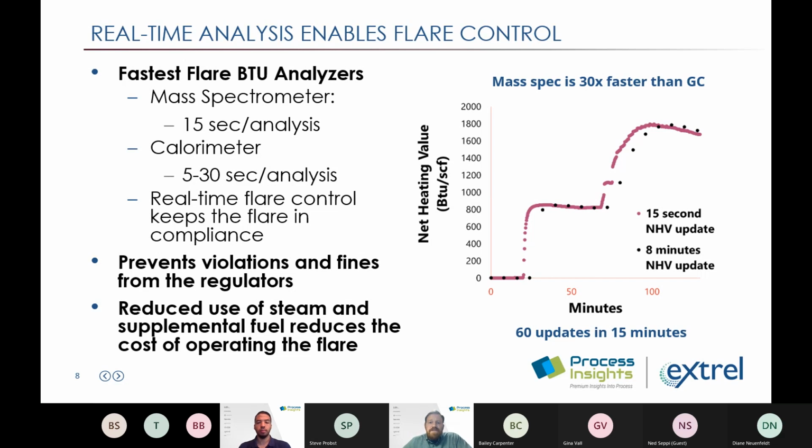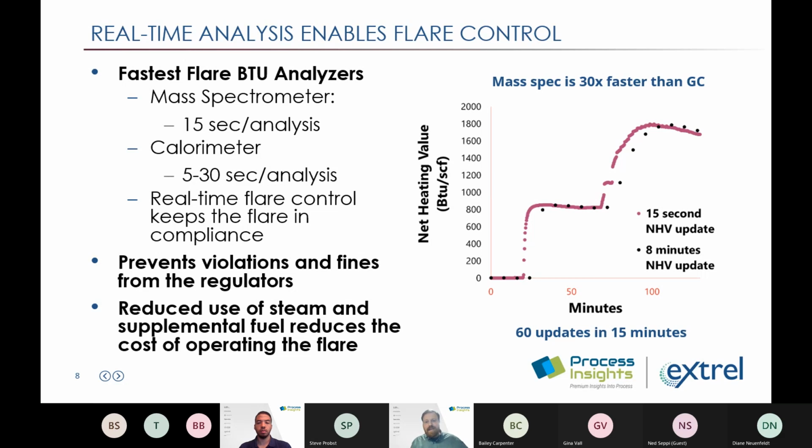But yeah, what you see in this example is not just maybe the amount of information that the control system has for making adjustments to the flare, but you can also see a lag in response in the GC curve compared to the mass spec curve, simply because that GC is taking 8 minutes to report each sample.